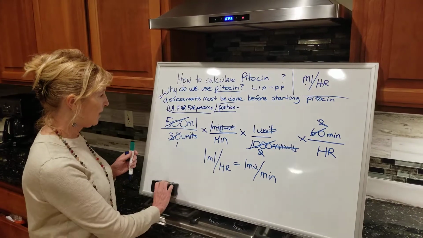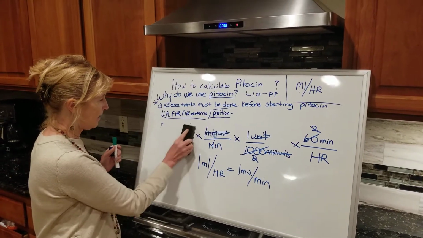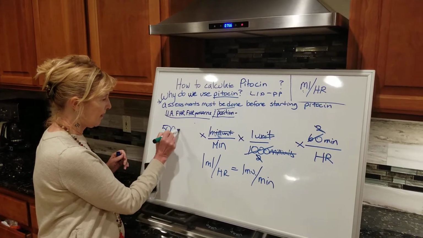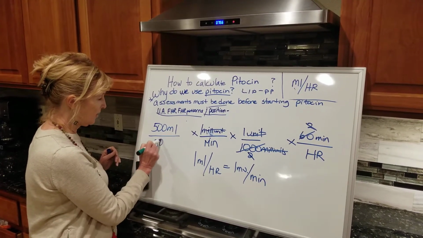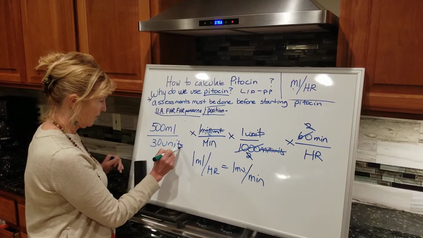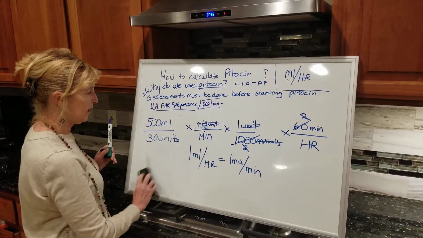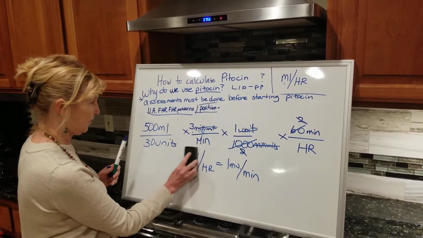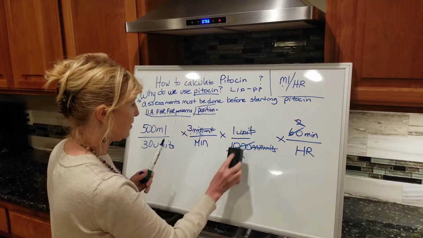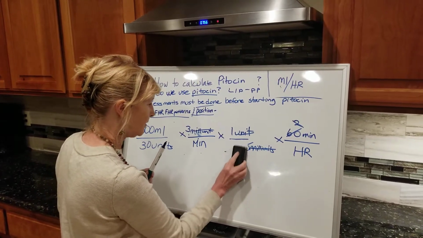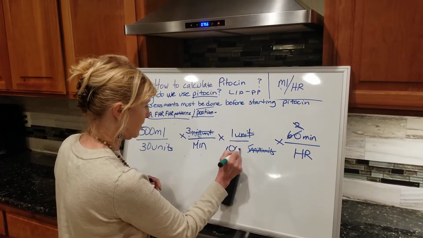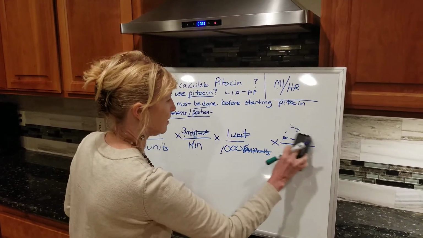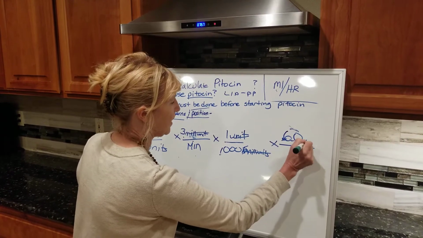So let's go ahead and just rewrite these same factors over. And so 500 mLs in 30 units. What we're going to change here is we want to give 3 milliunits per minute. 1 unit is still equal to 1,000 milliunits. 60 minutes is still going to be equal to an hour.